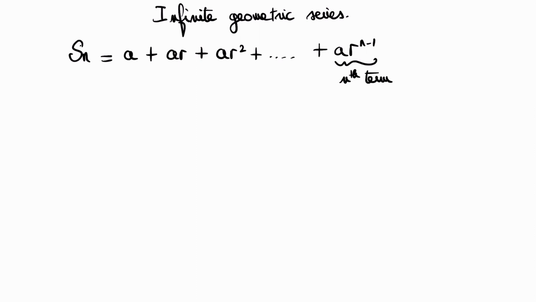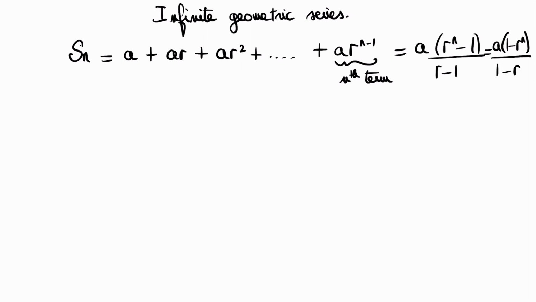Then this sum is equal to A times (R to the power of n minus 1) over (R minus 1), which can also be written, if we multiply both numerator and denominator by minus 1, as A times (1 minus R to the power of n) over (1 minus R).